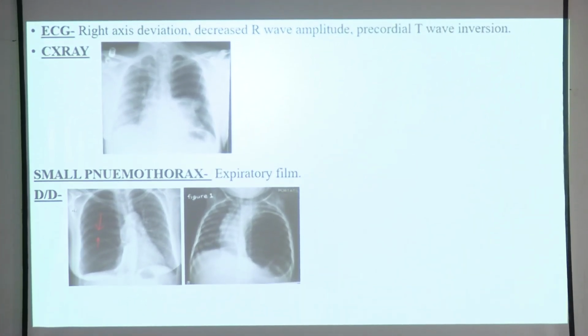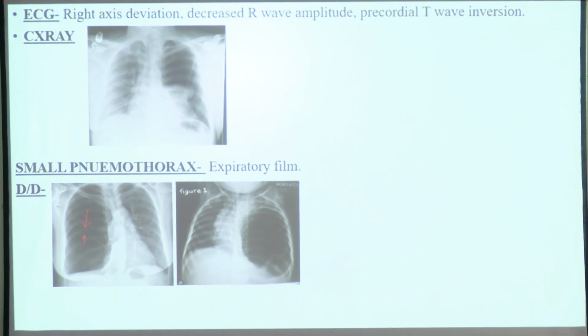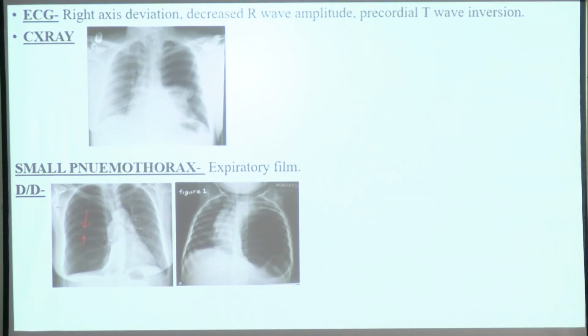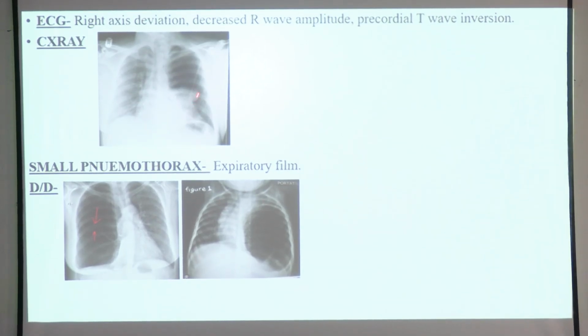The lung collapses towards the hilum itself, like a fist. Do you understand, like a fist towards the hilum. This is typical of pneumothorax.